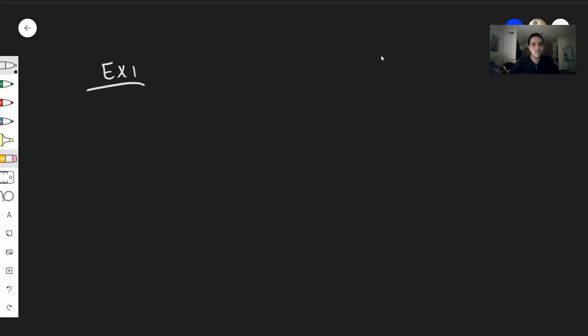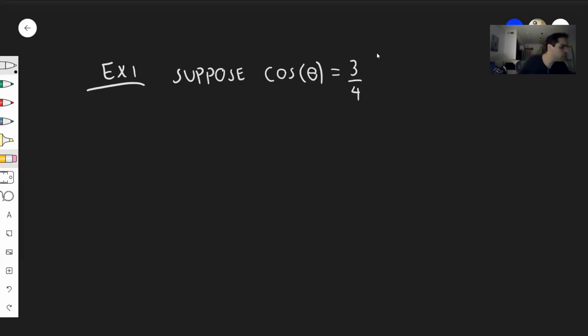Suppose cosine of theta equals 3/4, and also that the angle is, I believe, in the fourth quadrant, so theta is between 3π/2 and 2π. The question is, first of all, how would you calculate cosine of 2 theta?